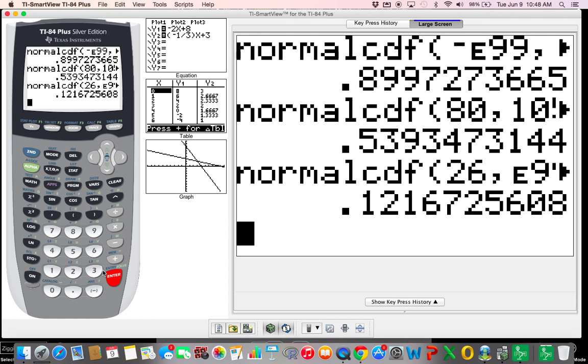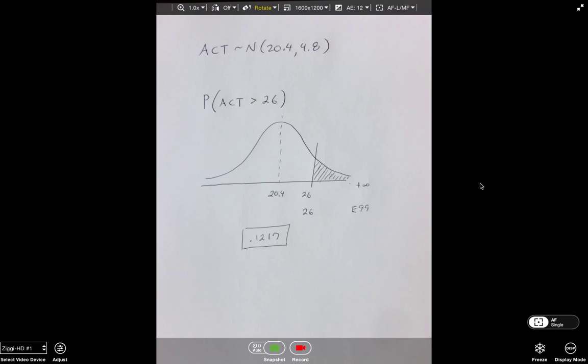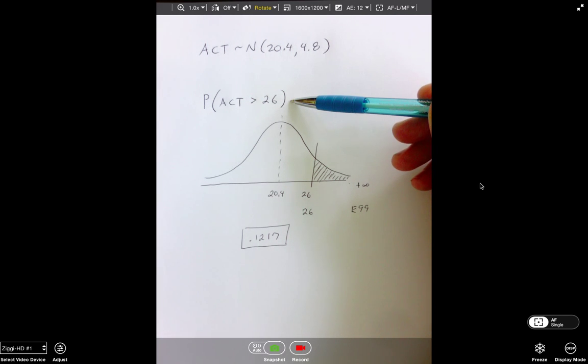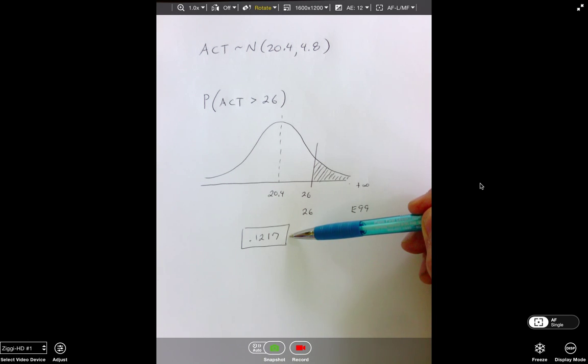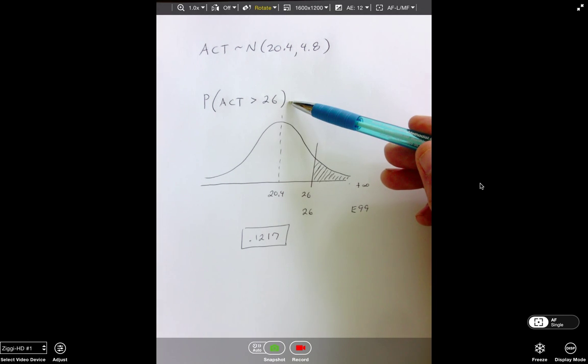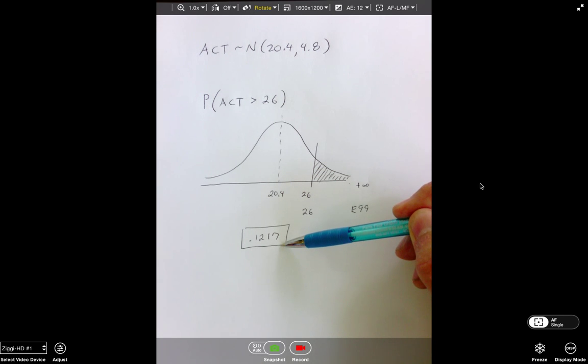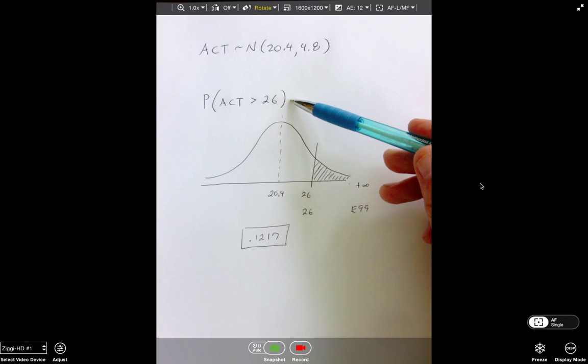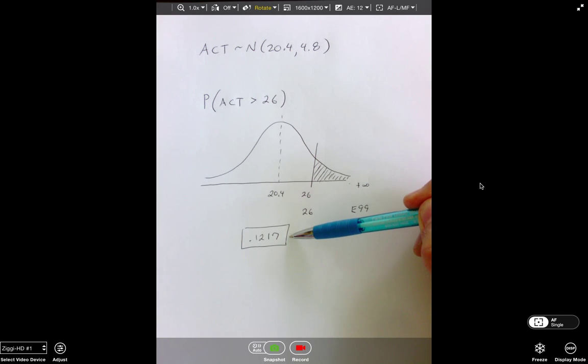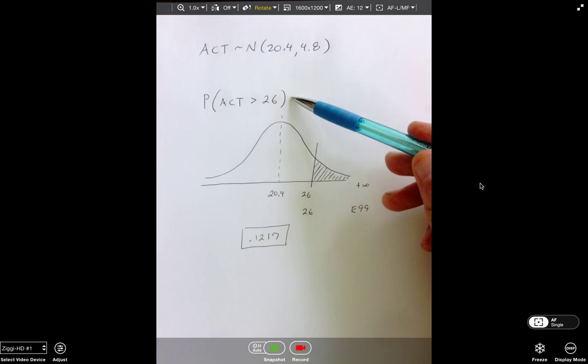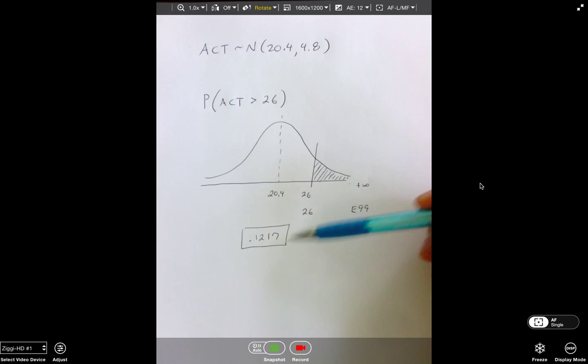So guys, you can probably see why I call this the P key. The reason I call it the P key is this normal CDF key works problems for us that begin with a P. What is the probability of randomly selecting someone with an ACT above 26? 0.1217. What percentage of ACTs are above 26? 12.17%. What proportion of ACTs are above 26? 0.1217. Write it out using the notation for probability.